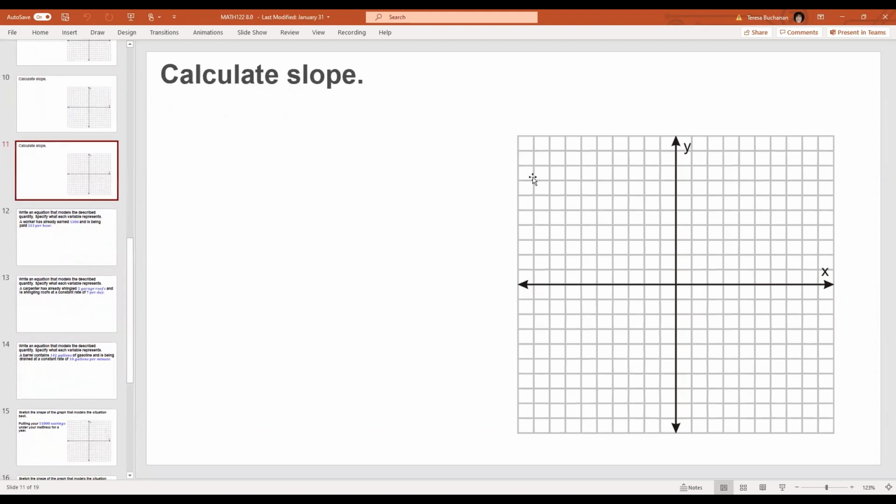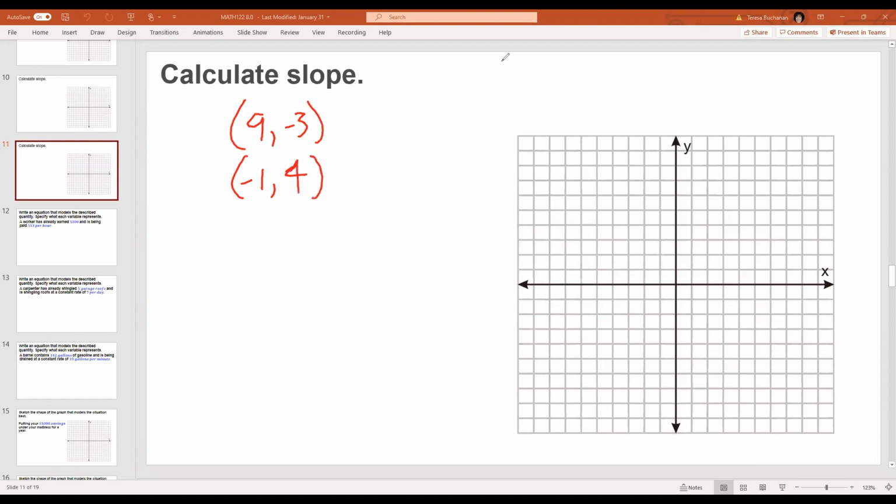So I think what I'll do here is give you a couple of points and let you try the slope calculation and just turn that in for me. So here are some points to work with. I don't know what that slope will come out to be.